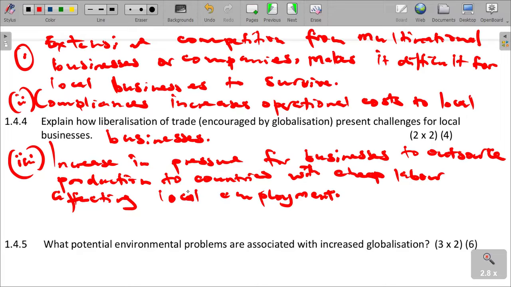And then we can also talk about price pressures, which force local businesses to lower their prices to stay competitive with international competitors.